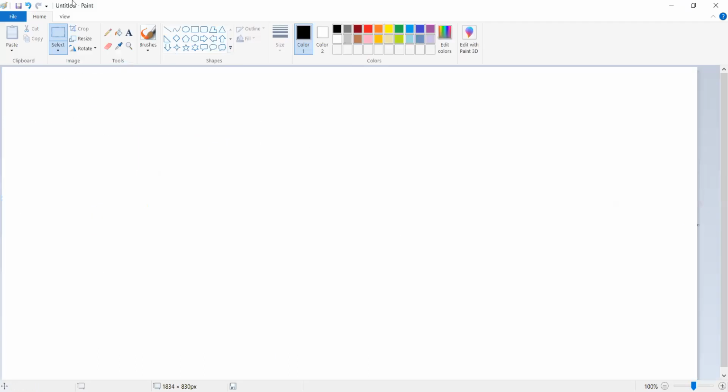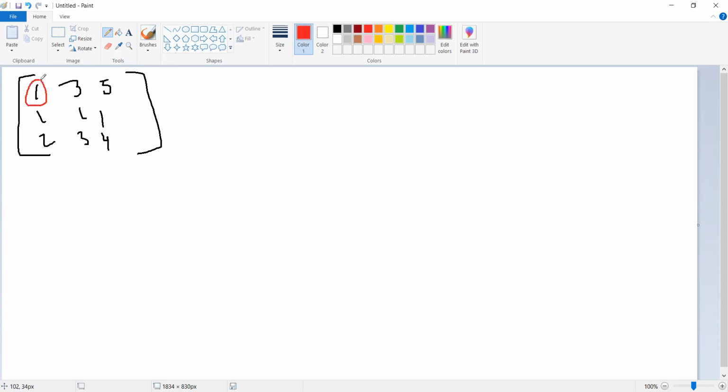Let's say you have values like 1, 3, 5, 1, 1, 1, 2, 3, 4. First you take the first value, and when you take this first value, its entire row and column is hidden.